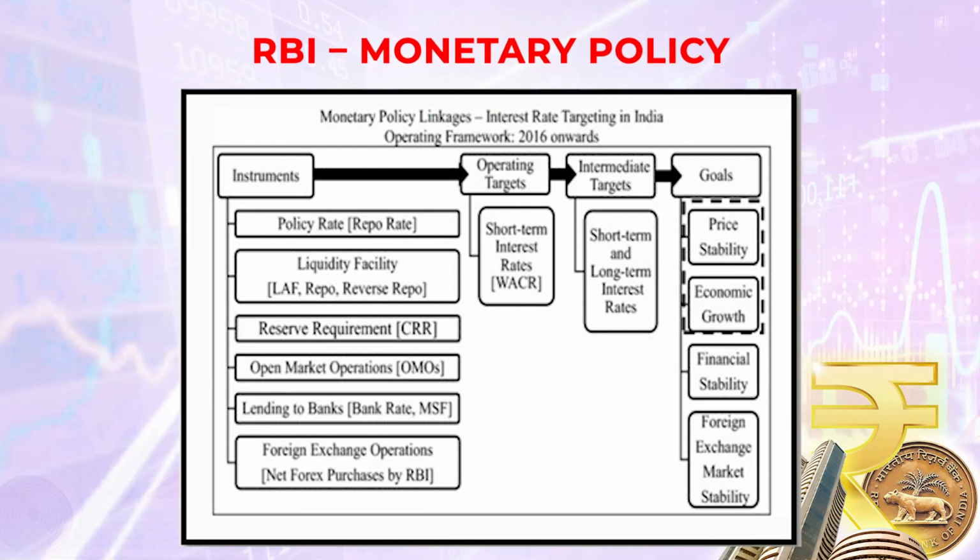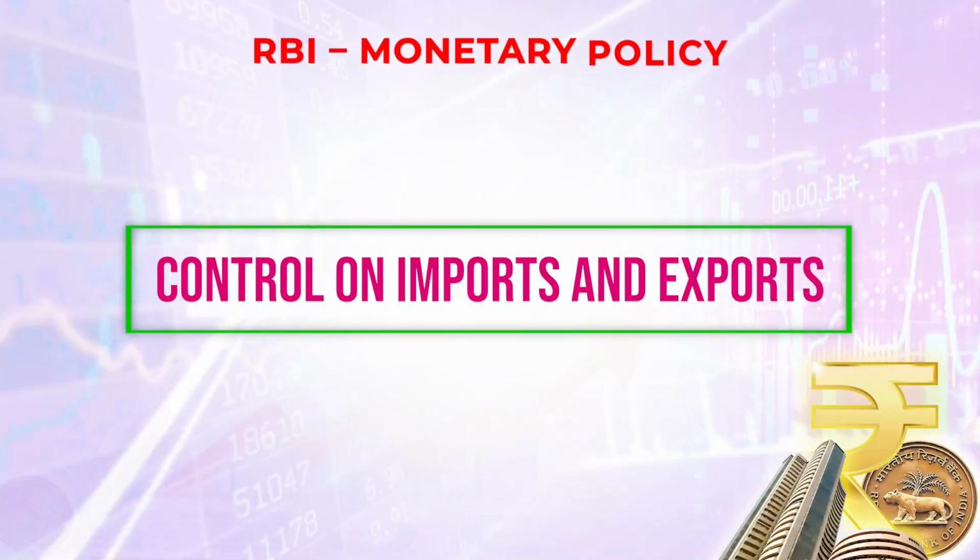If there is an increase in the rate of interest, then people will save more, and when the reverse process is required, the rate of interest may go down, and all these can be dealt with by the RBI. The second point is control of imports and exports.